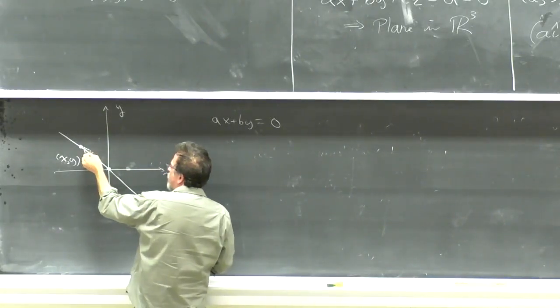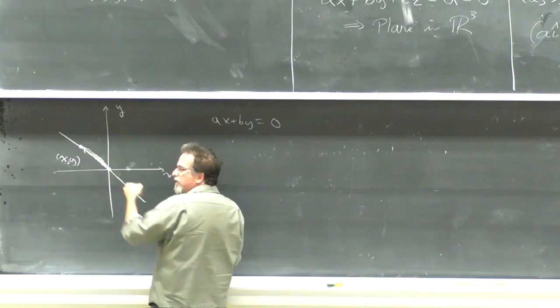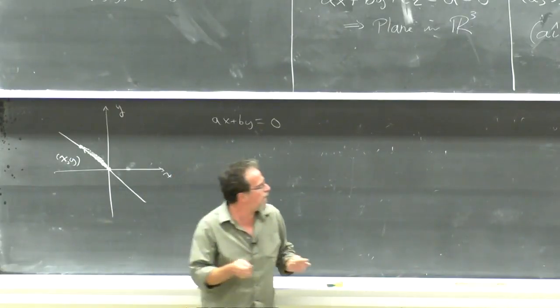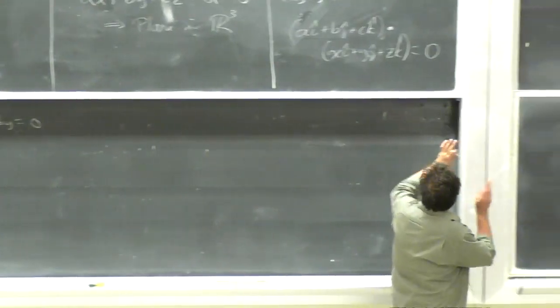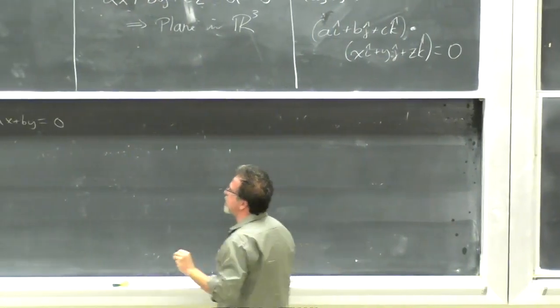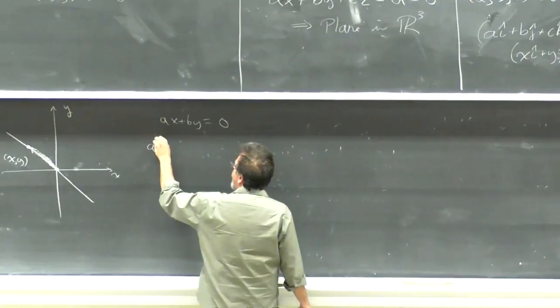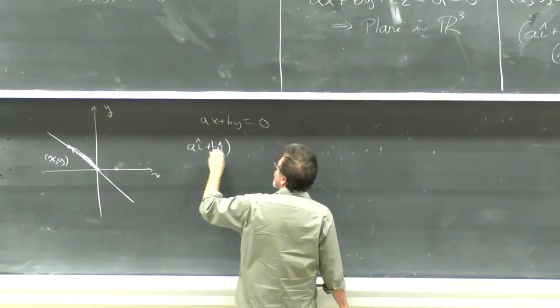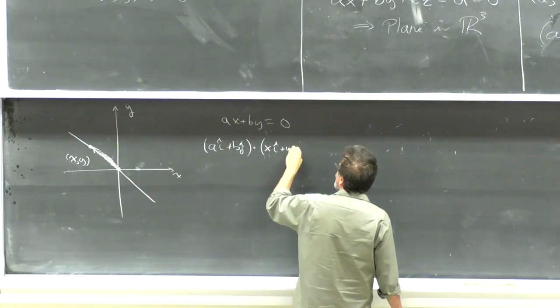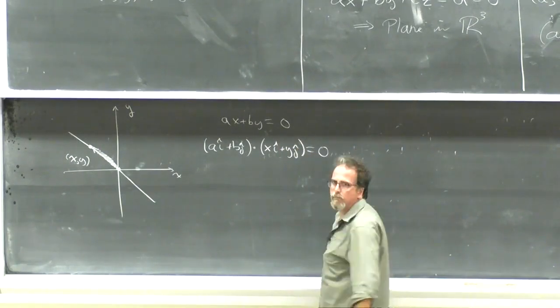I want to make it bold. Try to make it bold, so you can distinguish the vector from the line. There's a vector to the point, and then there's the whole line. Okay? And the line is just a simplification of the plane. And this equation says that a i hat plus b j hat dotted into that position vector x i hat plus y j hat is equal to 0.